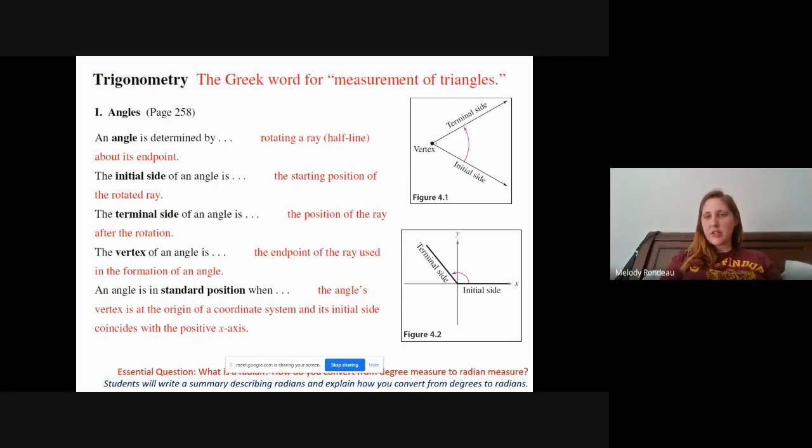So initial is start and terminal is end. Then the vertex of the angle is the end point where the two sides come together.